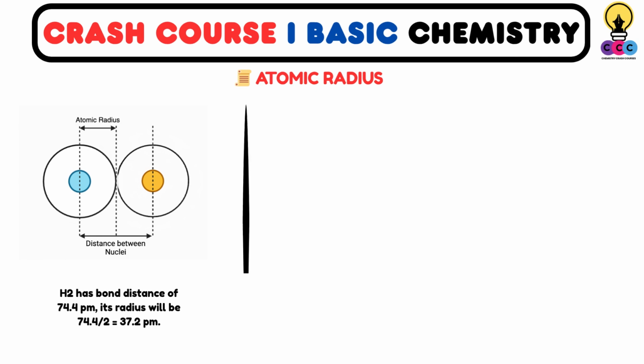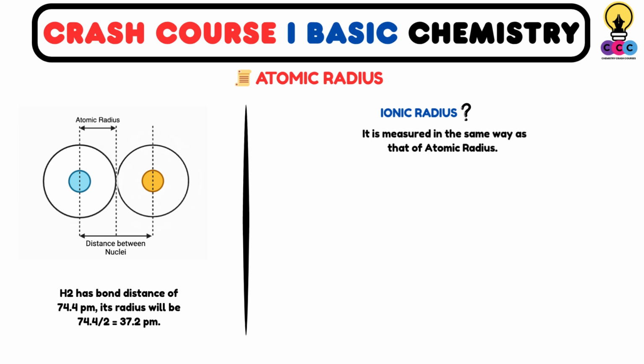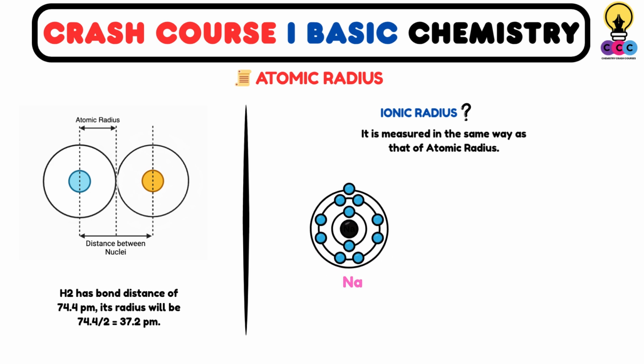Now let us move on to ionic radius. Ions are formed by either release or gain of electrons. First consider cations. A cation is formed by release of electrons. Generally, the size of a cation is smaller than its parent atom. To understand it, just consider the sodium atom. Sodium has 11 protons and 11 electrons revolving in 3 shells.